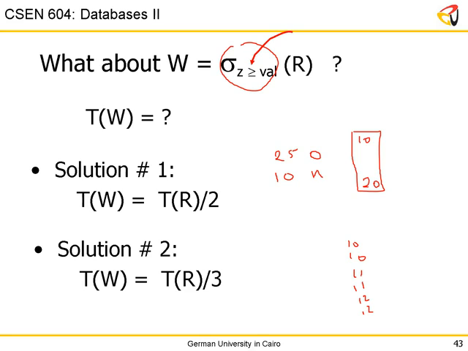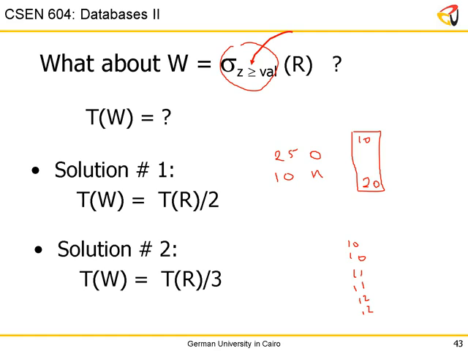Let's say you have a column in a table, you're running this query on greater than or equal to val, and the column spans from 10 to 20, and there are no duplicates. So you have 2 extreme cases.